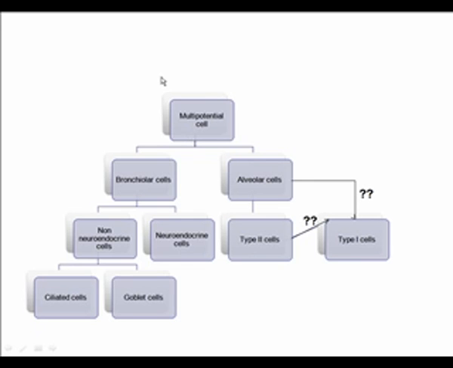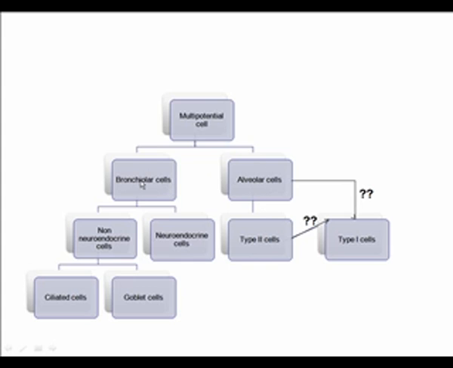In terms of the cells of the epithelium, what we see are these multipotential cells that form from the endoderm. And these multipotential cells can then divide and differentiate into the bronchiolar cells or alveolar cells. The bronchiolar cells are seen more proximally, the alveolar cells distally.